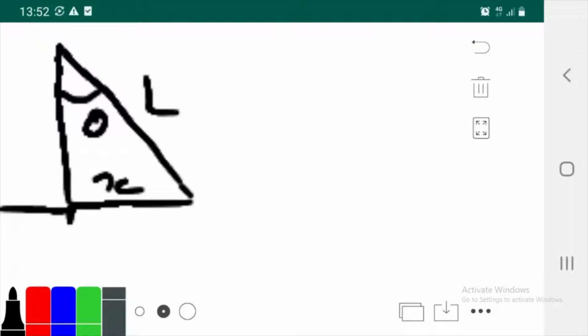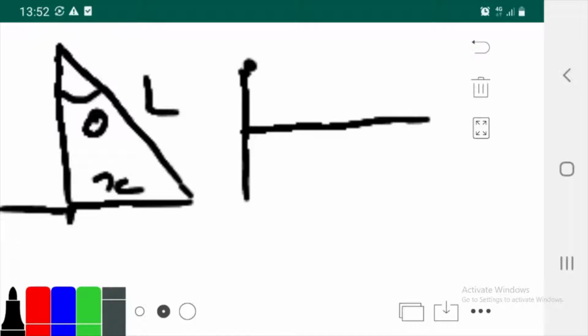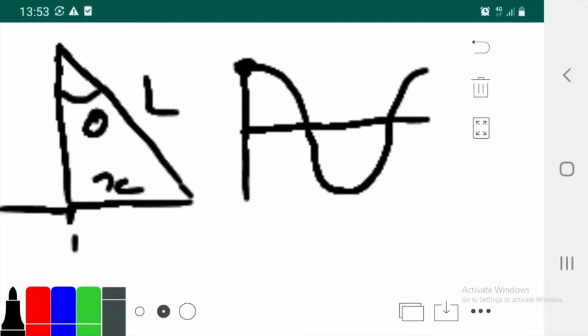Now if I allowed that pendulum to swing and I plotted the position, when it's at maximum positive position it's going to be there, then it's going to travel back to the center, and then go out to the full extent to the left, so that's negative displacement, and then return back to the center and go back to where it started.